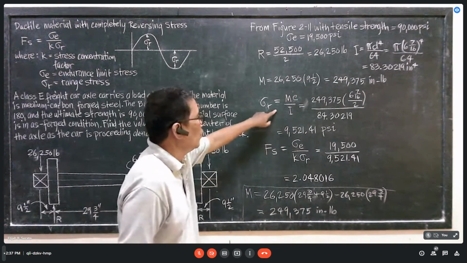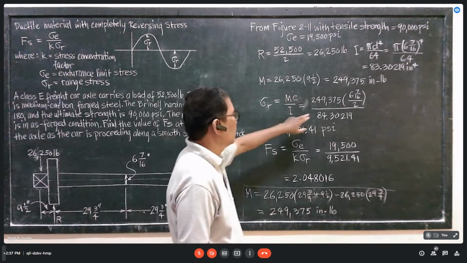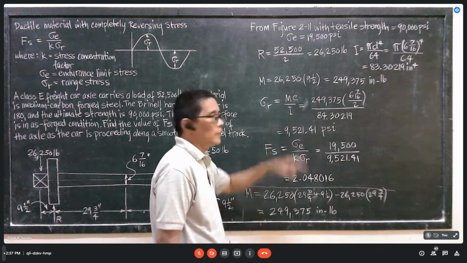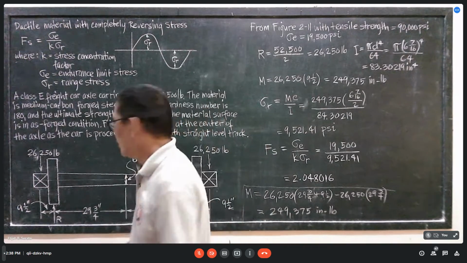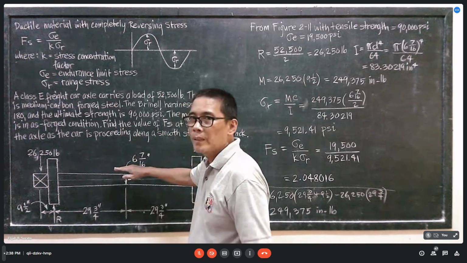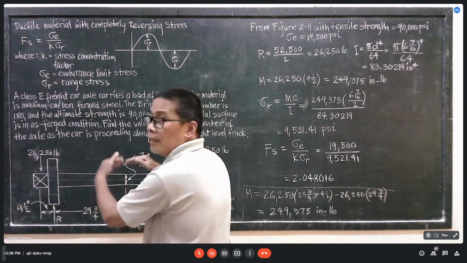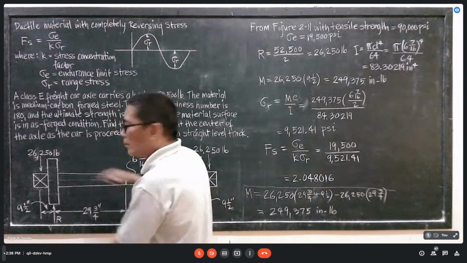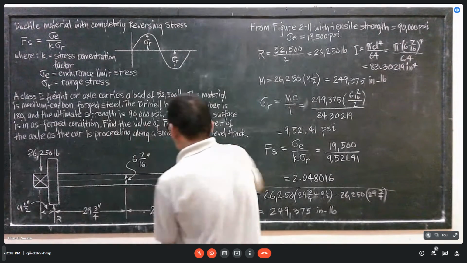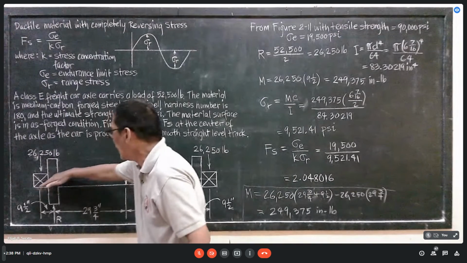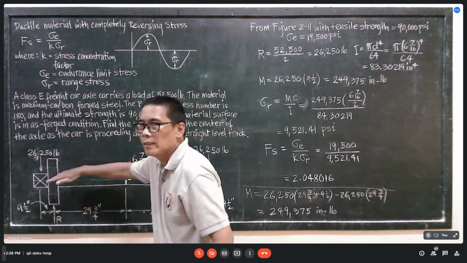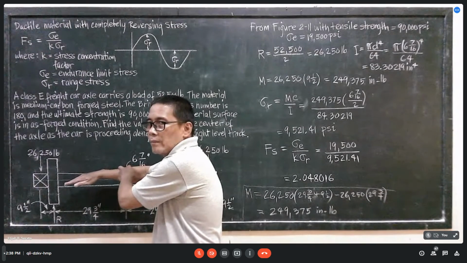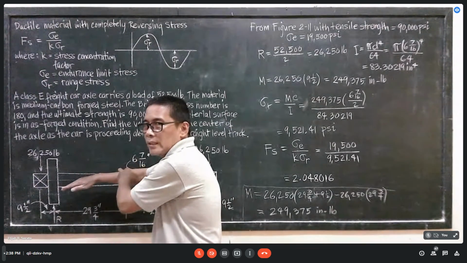Okay, so that is our Mc over I. And then our range stress is now 9,000. This is the maximum stress. Remember, when your element is on top, what kind of normal stress is it?